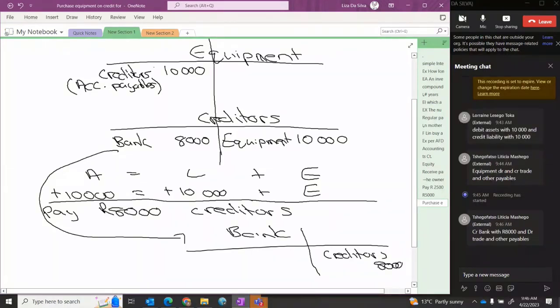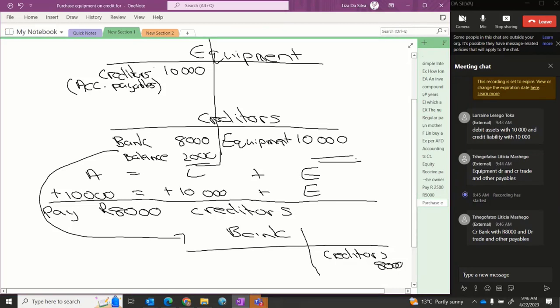You see, credit bank. Now if you balance this, you can see that you still owe 2,000 rand.